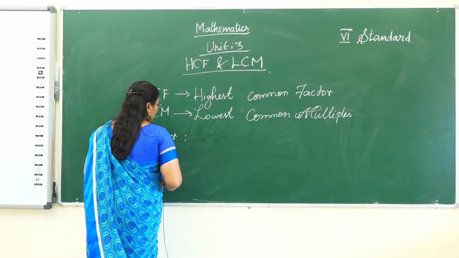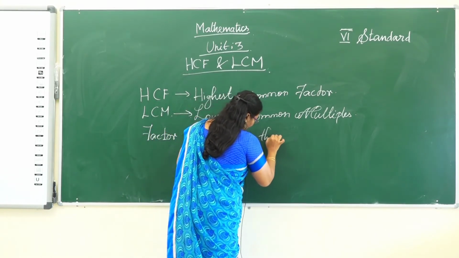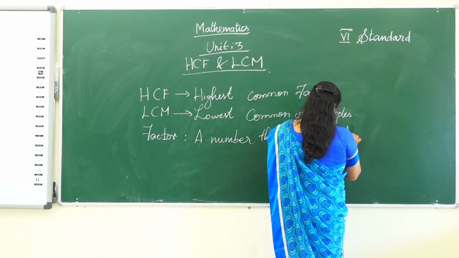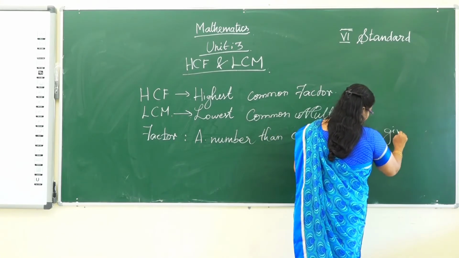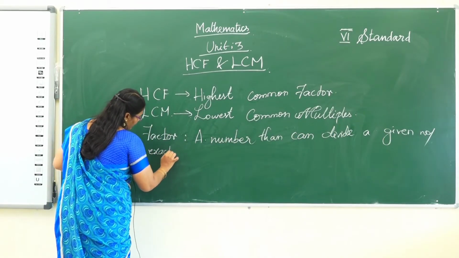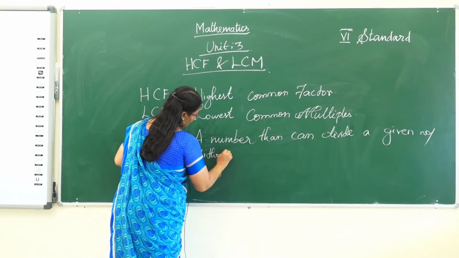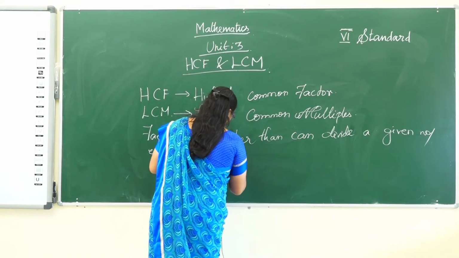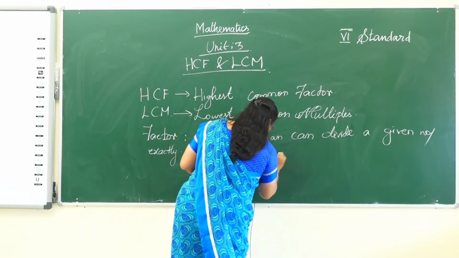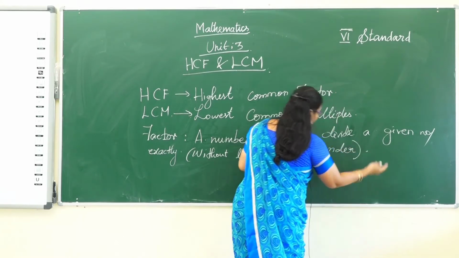A number that can divide a given number exactly without leaving any remainder is called a factor.